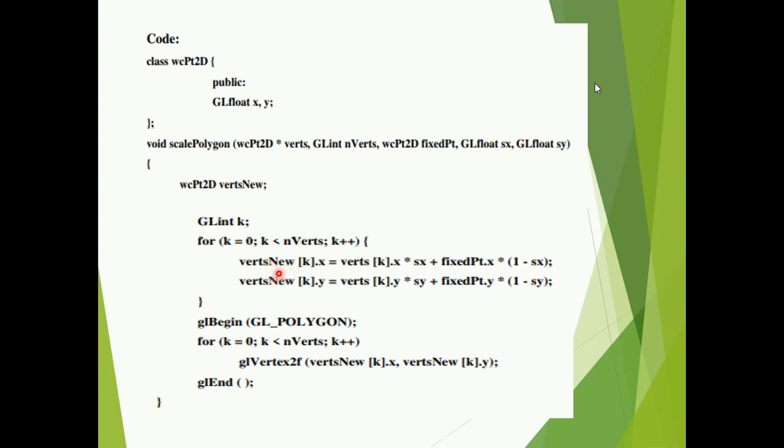The new vertices you want to generate, we have a formula for how to calculate them. In scaling you have the formula x dash is equal to x, the previous x value, into the scaling factor sx, plus the fixed point xf into 1 minus sx.